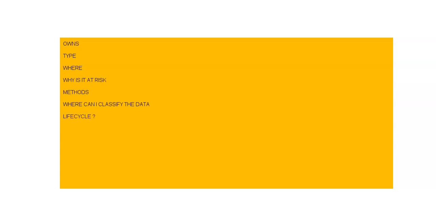Now there are some concepts related to data classification. Classification is the process of identifying and labeling content. It gives a better understanding of the overall landscape of the data.